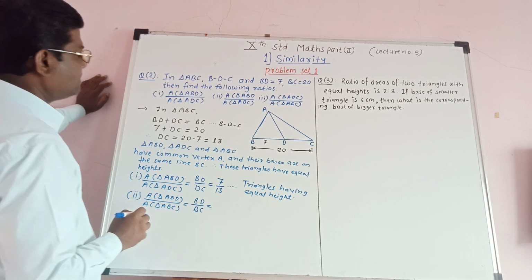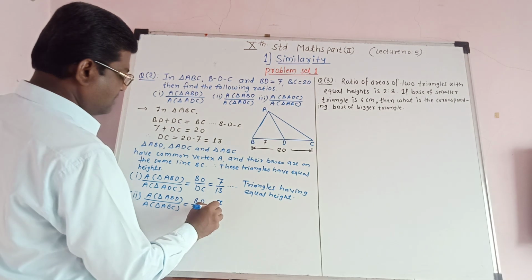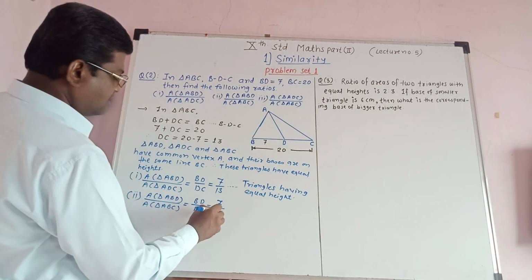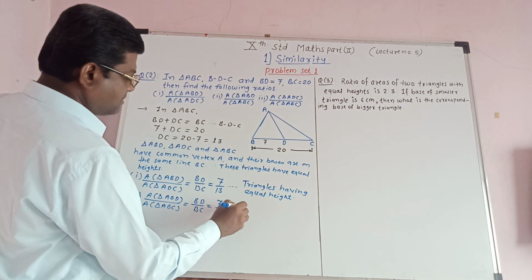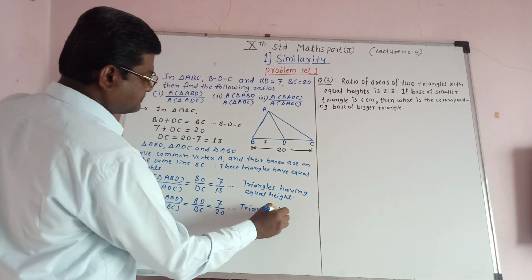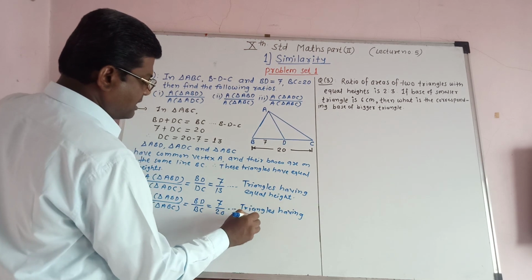BD upon BC. So BD is equal to 7 and BC is equal to 20. Reason is triangles having equal height.